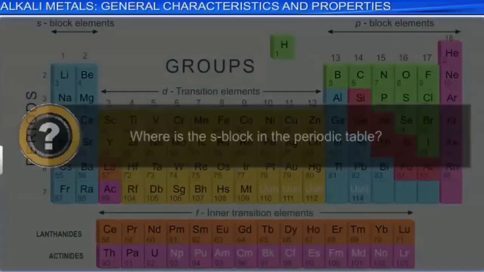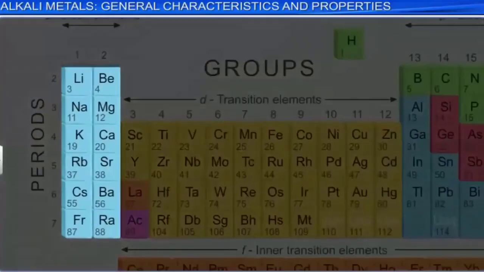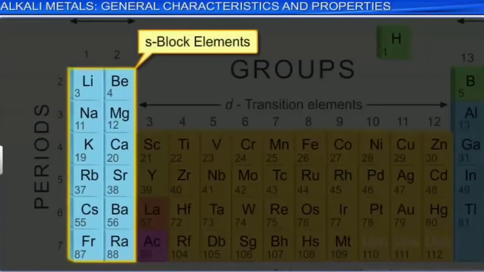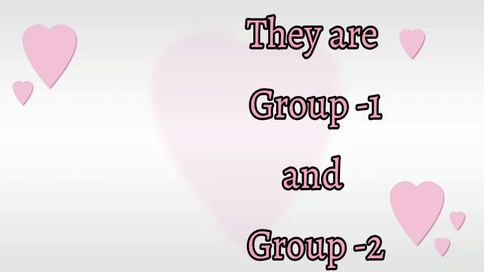Where are the S block elements present? As you know, the elements of group 1 and 2 are called S block elements. You studied S orbital can hold only 2 electrons. Accordingly, we are having 2 groups of S block elements.